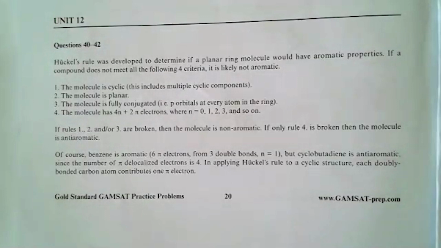Actually, it's not arbitrary. We will see in a moment how it's not arbitrary. It actually gives you some information about the number of pi electrons. So here I do need to explain a little bit about a pi electron. It is expected that you have a little understanding that a single bond, S in English, is sigma in Greek.